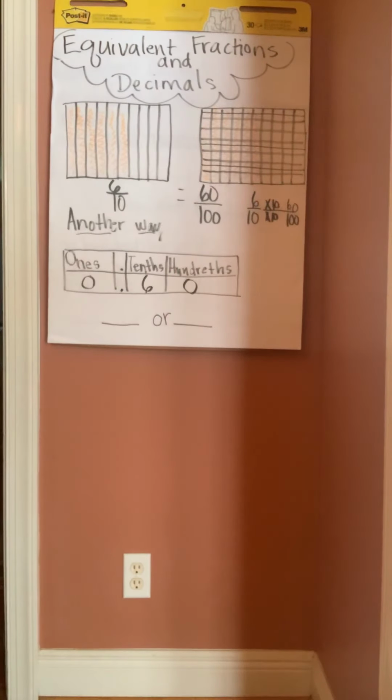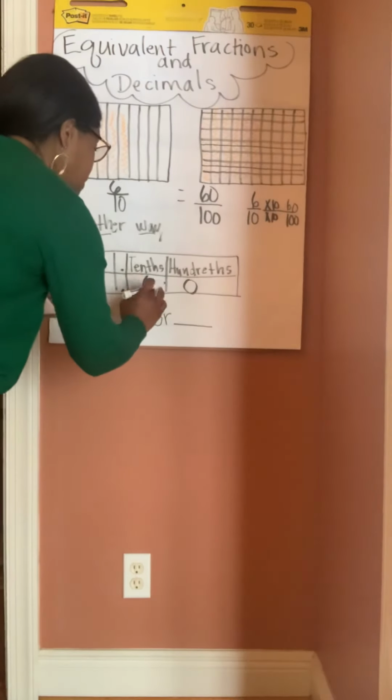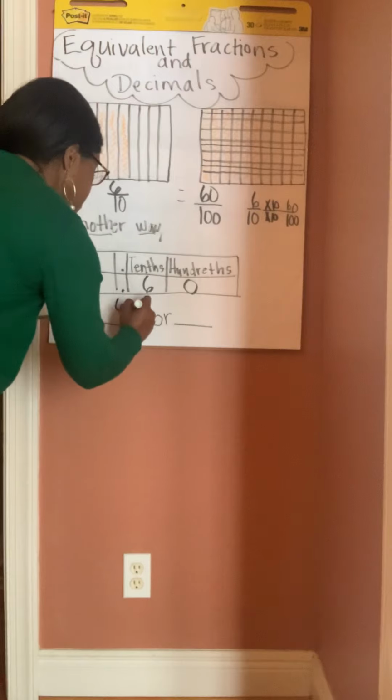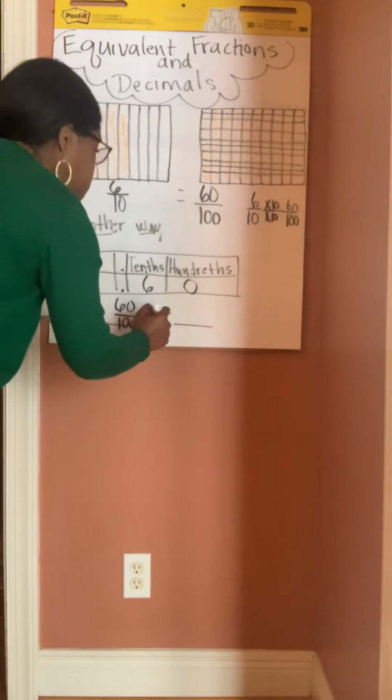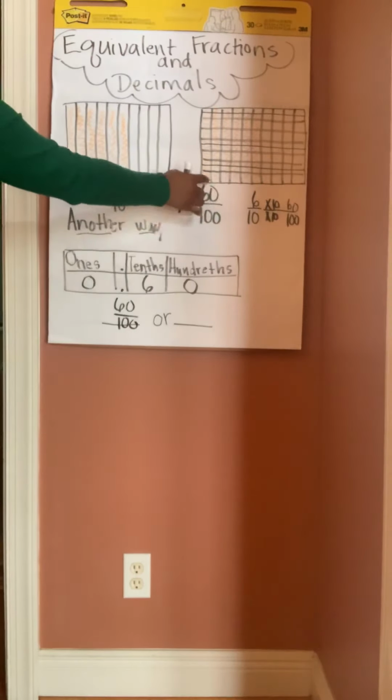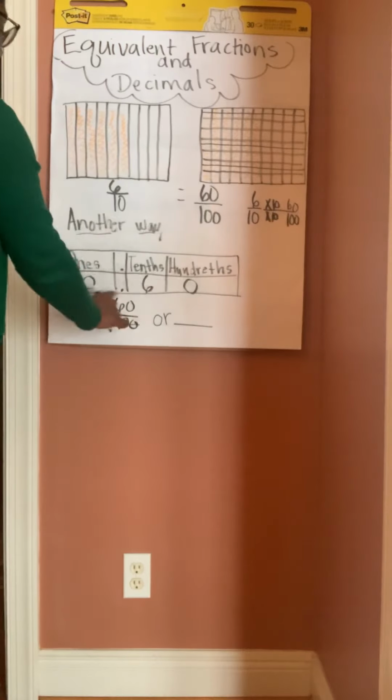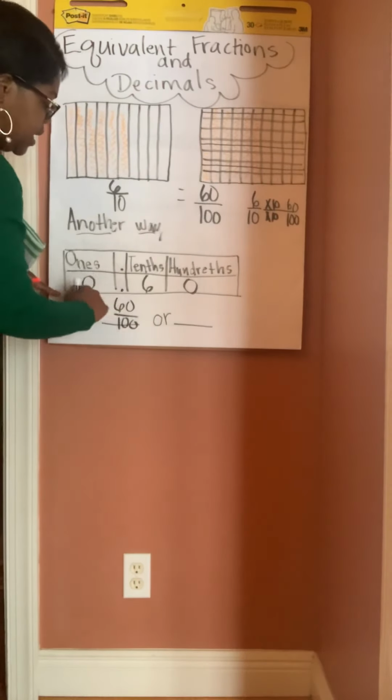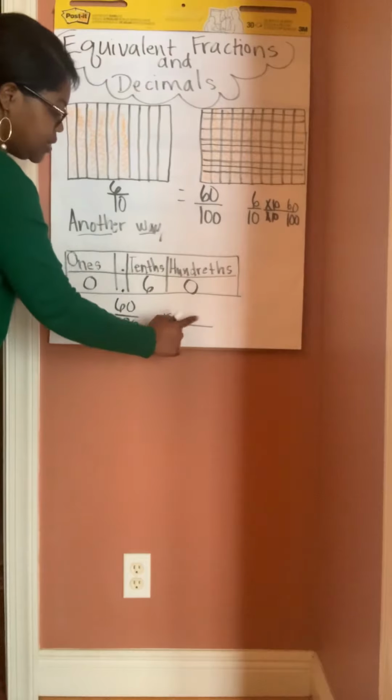Okay, so Daniel drank 60 hundredths. Another way for me to write 60 hundredths as a decimal, this is the decimal. I'm just going to transfer this here.